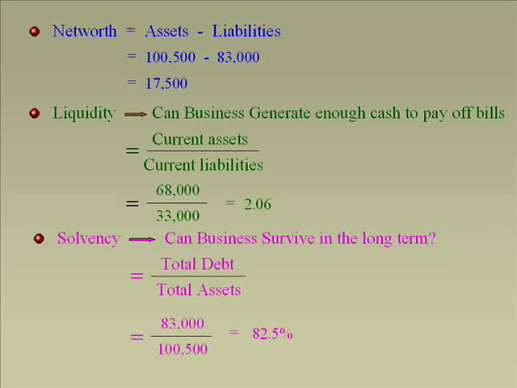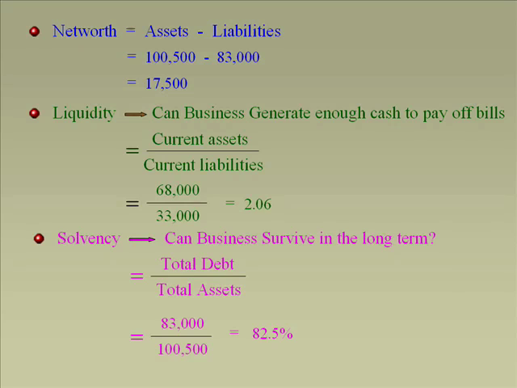Ideally, for your business, you want to be the majority owner. For this company, 82% means, as I said before, outsiders have a claim on 82% of the business. A very high debt-to-asset ratio means the business is very risky.